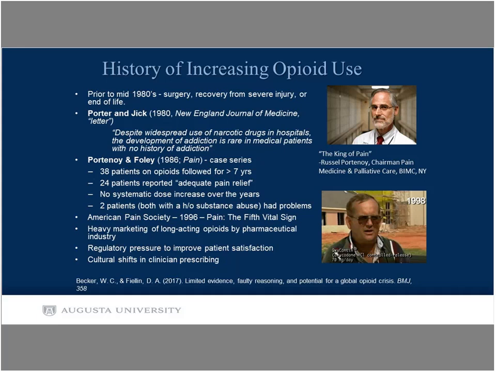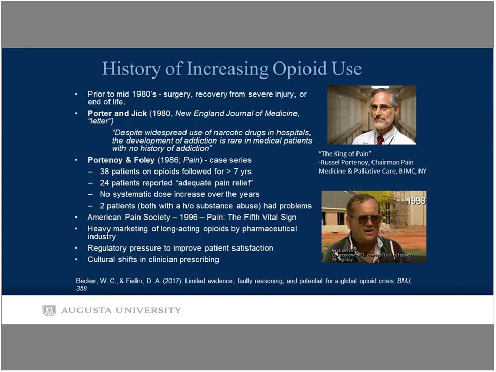Only 2 of those patients, both of whom had a history of substance abuse, had problems with that long-term maintenance on prescription opioids. As I mentioned earlier, the American Pain Society in the mid-90s really started to push for physicians and hospitals to use pain as the 5th vital sign.